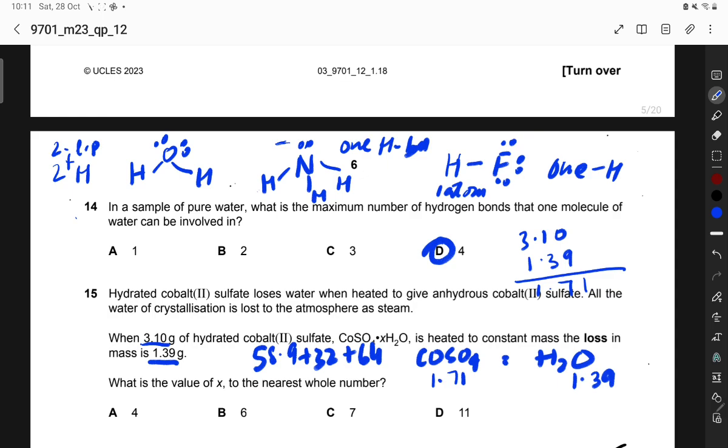This will be 64 plus 32 plus 58.9, which is equal to 154.9. Divided by 154.9 divided by 18.